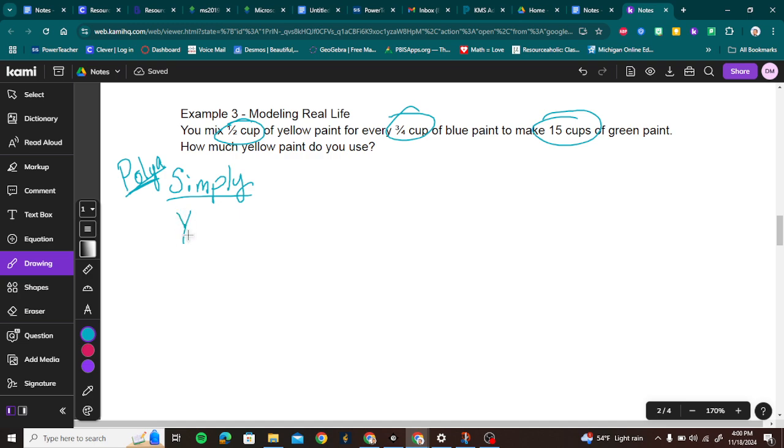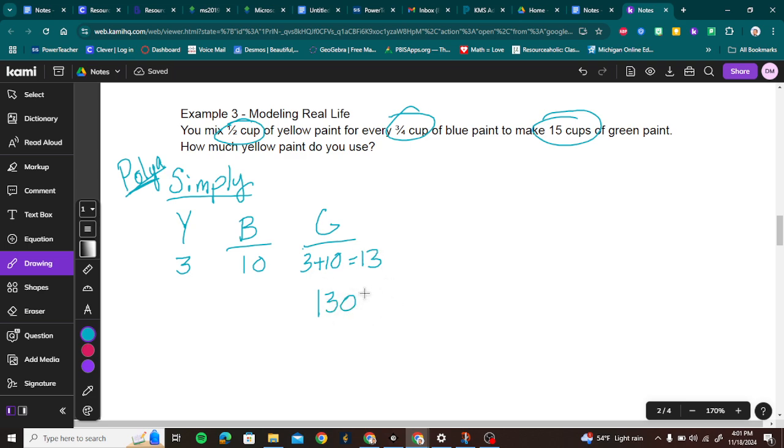So let's just say the yellow is, and I'm going to make these numbers up out of the blue, 3 cups, and the blue is 10 cups. Then the green would be 3 plus 10, which is 13 cups. Let's go with 130, just because it's easy.